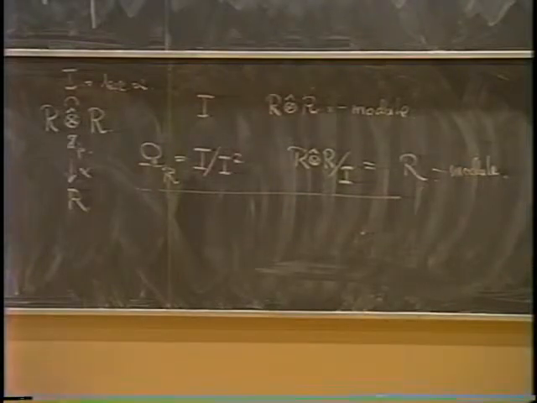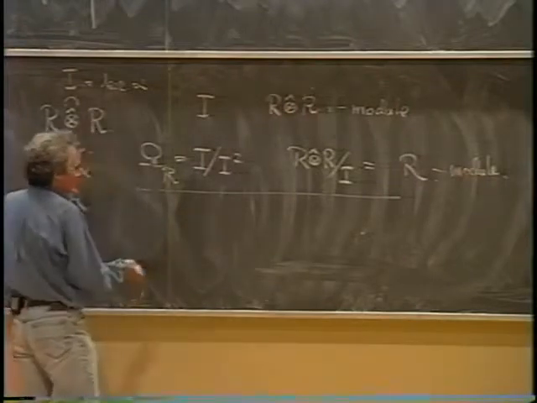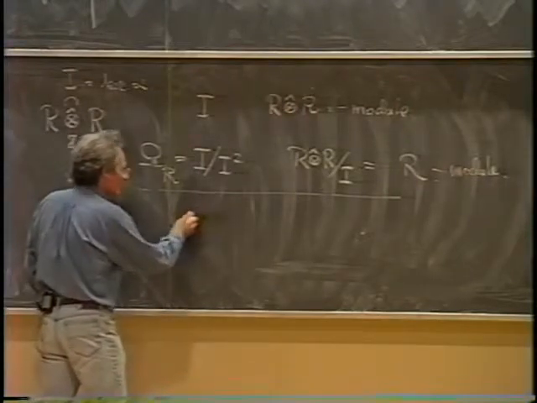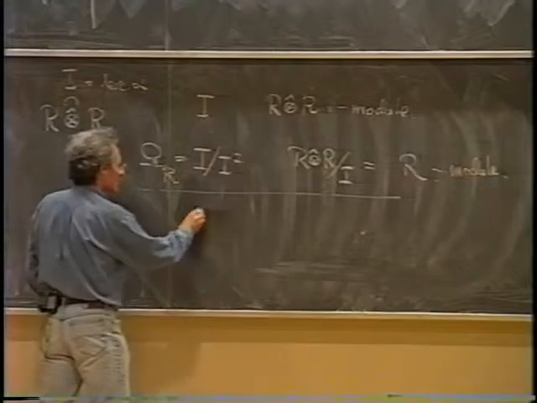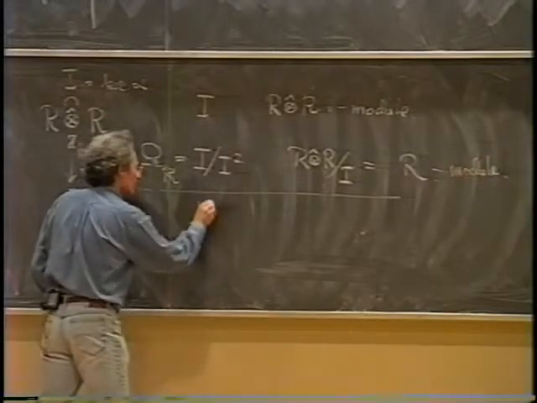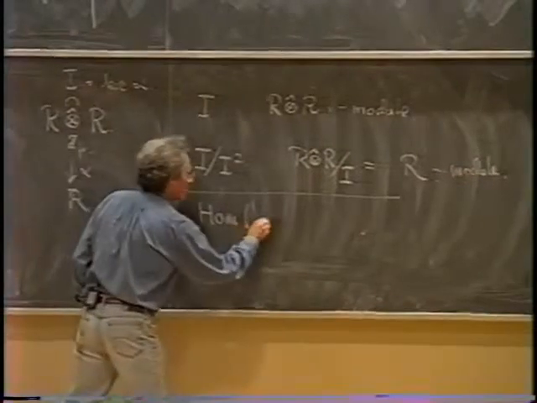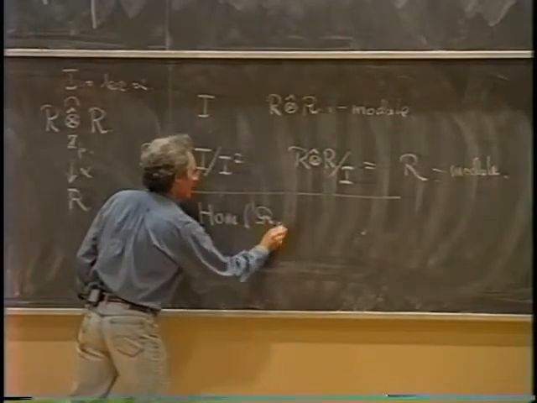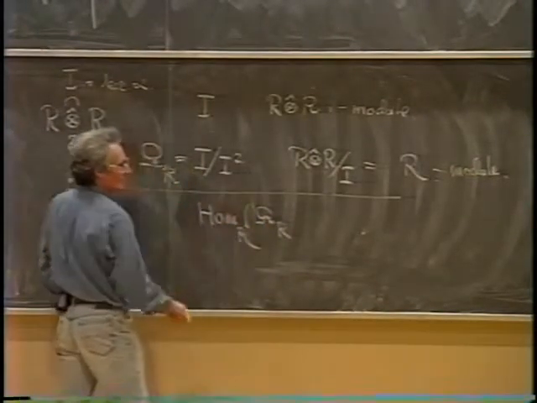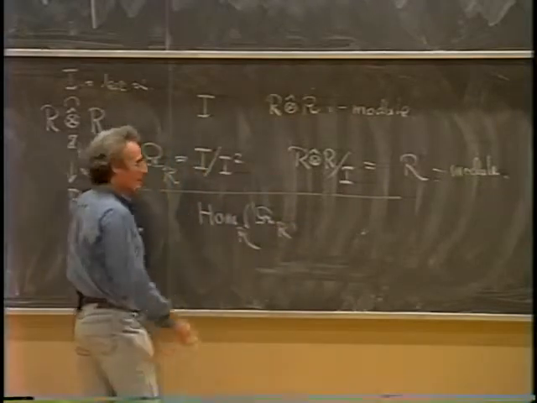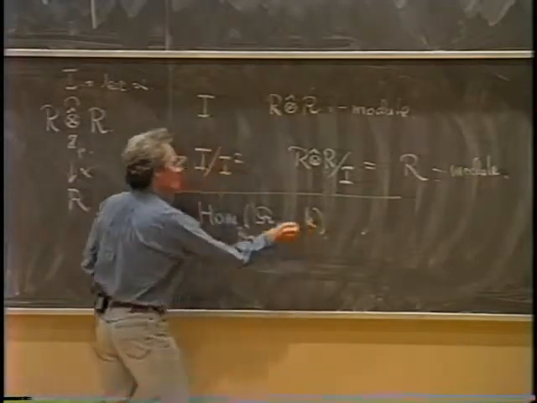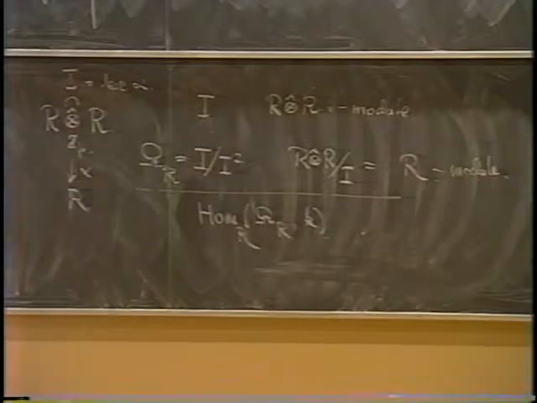Why do I say that it's sort of the maximum first order? Well, why does it contain any first order information? Well, you can consider, for example, Hom of omega R as an R module into the residue field K itself, viewed as R module.